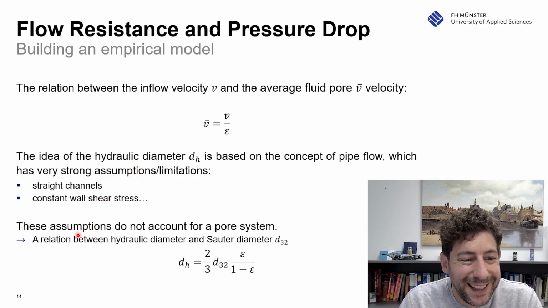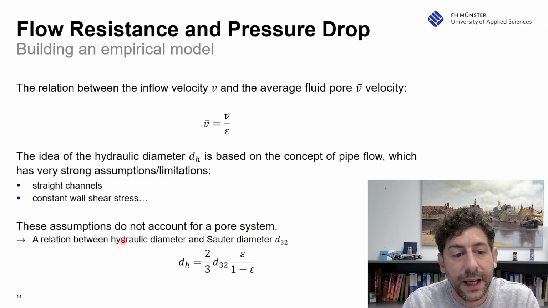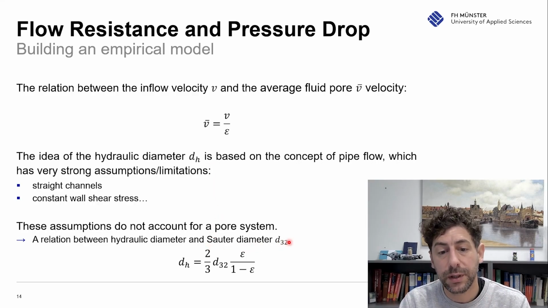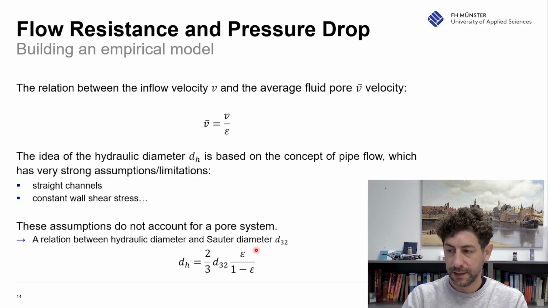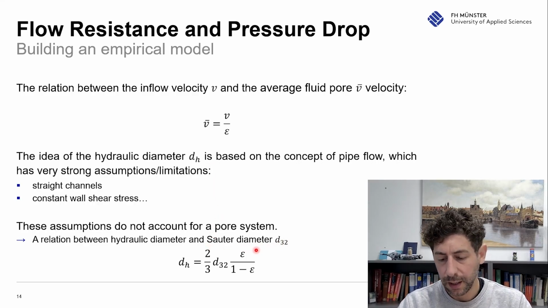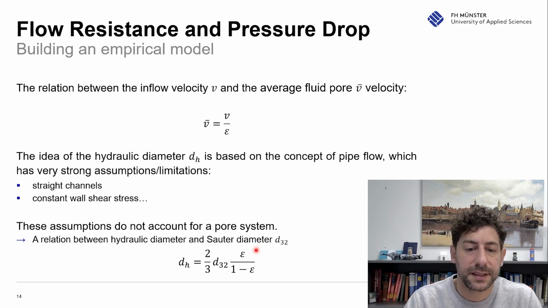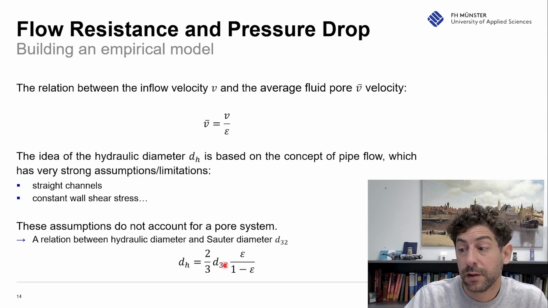And as I said, these assumptions do not account for a pore system, and there is a relation between the hydraulic diameter, dH, in a pipe and the Sauter diameter. The Sauter diameter is the diameter which is related to the specific surface area, right? So if you look in the video about particle sizes, the Sauter diameter is mainly measured by adsorption, so via the specific surface area.